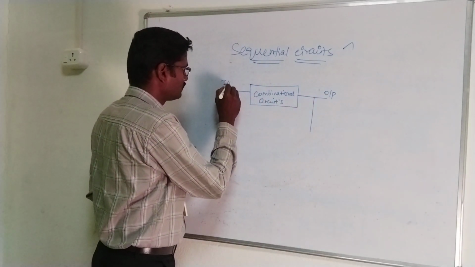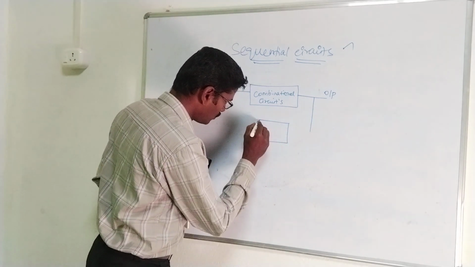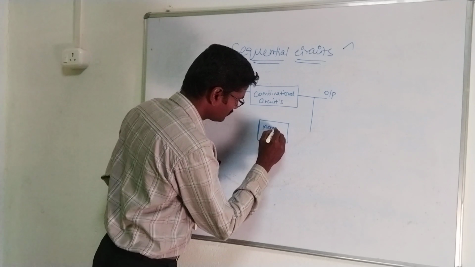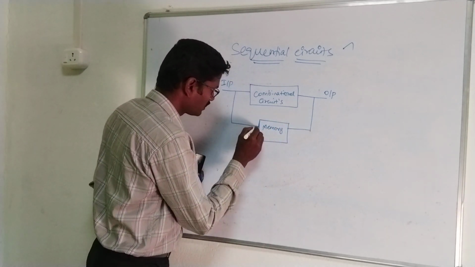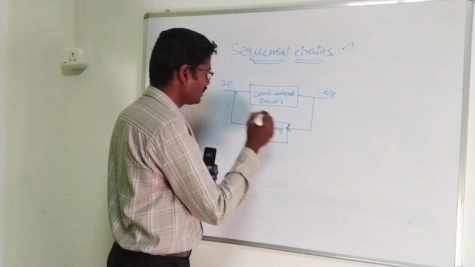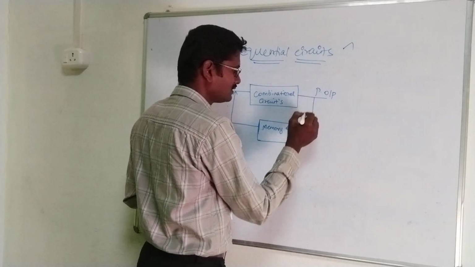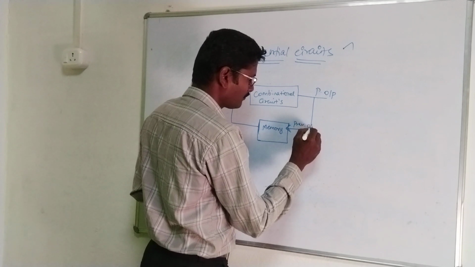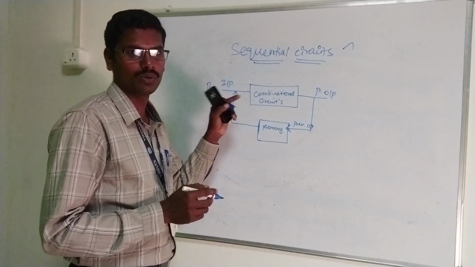One more block is added here, which is memory, to store the previous input. This is the present input and this is the present output, and the previous output is given as feedback to the present input.